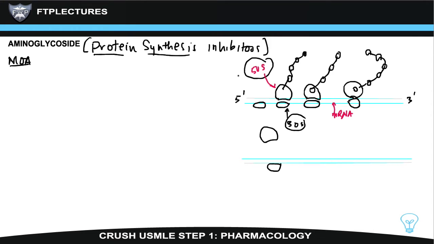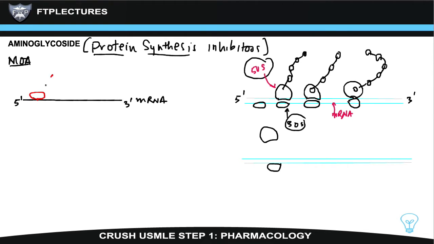How does protein synthesis actually occur in bacteria? Well, normally you have a line here. We're going to have the messenger RNA, and the messenger RNA has a 5' end and a 3' end. Now, for protein synthesis to occur, a 30S subunit has to come and sit right here.